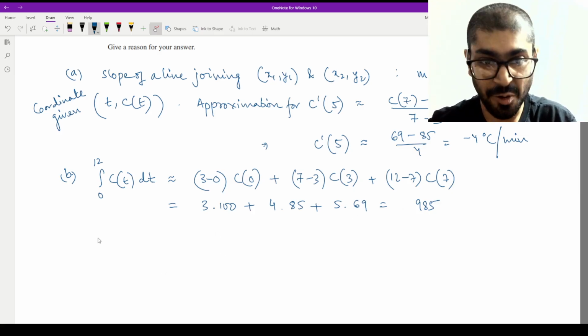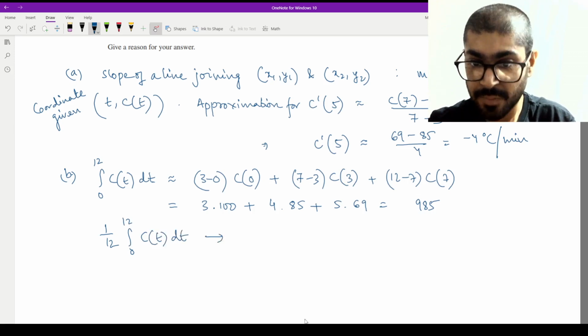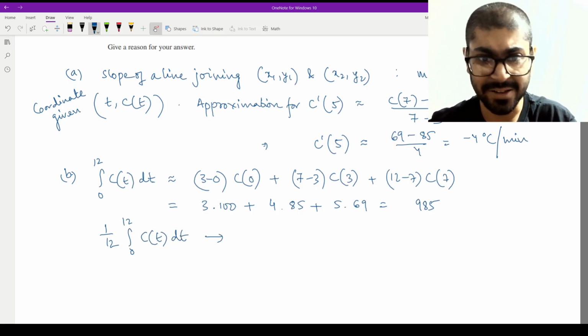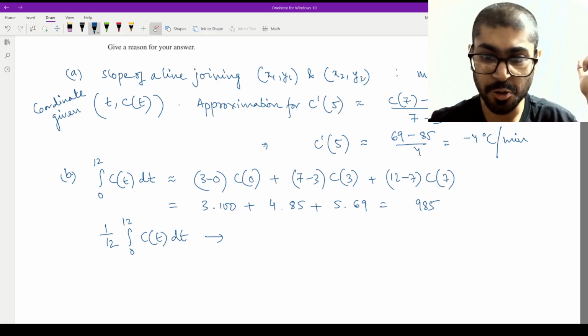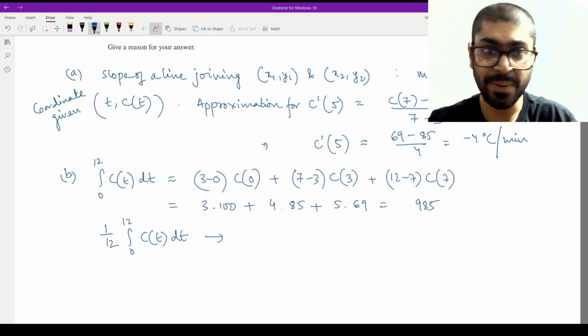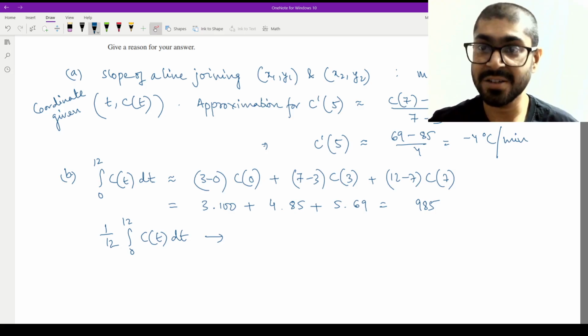Alright, 985. Now if I do 1 by 12 integral 0 to 12 of C(t) dt, what does that mean? So there are 12 intervals and I am dividing it by 12. That means something relating to average is taking place here, right? So this is the average temperature of the coffee over the interval from t equal to 0 to t equal to 12. That integration, 0 to 12 C(t) dt, means the sum of all the temperatures that the coffee takes between the times of 0 to 12.